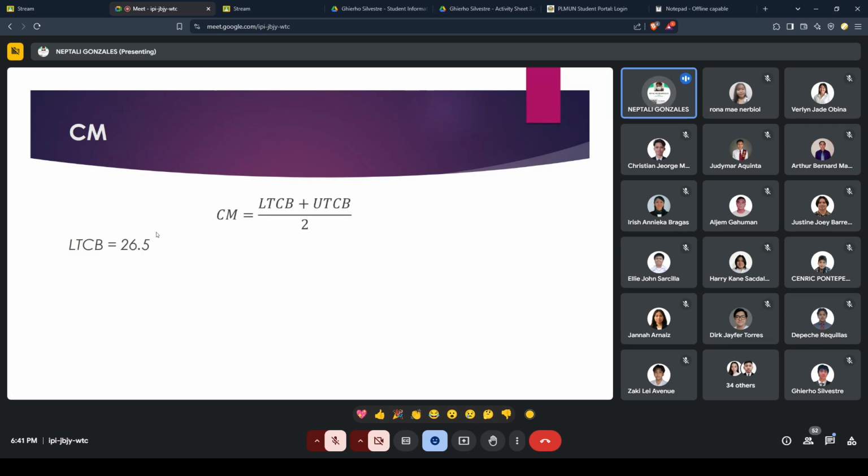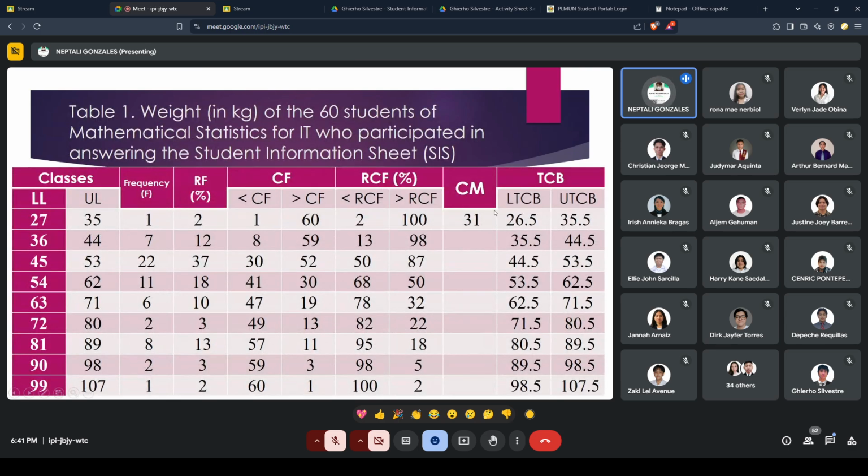So your lower true class boundary of the first class is 26.5. The upper true class boundary is 35.5. Your class mark is equal to 26.5 plus 35.5 divided by 2, which is 62 divided by 2, or 31. So therefore, your class mark is 31.